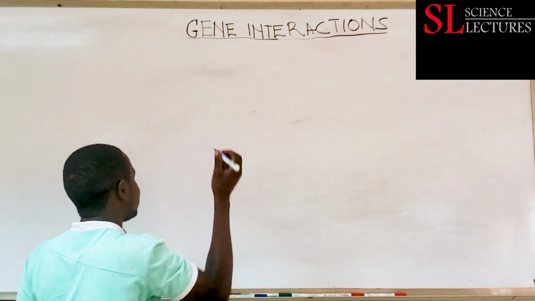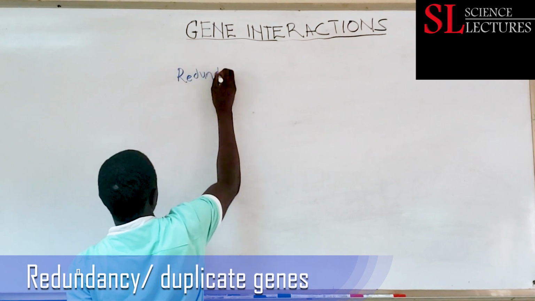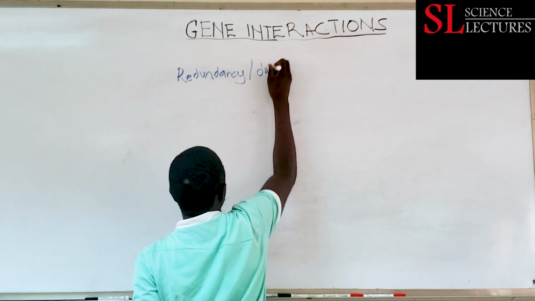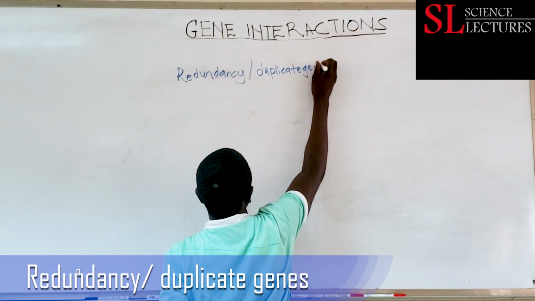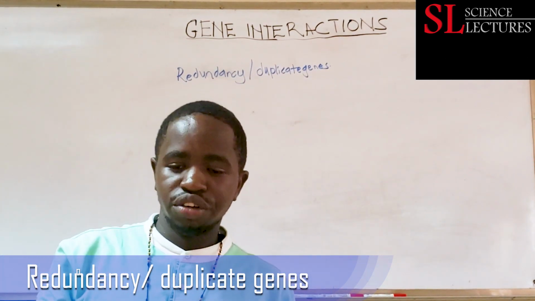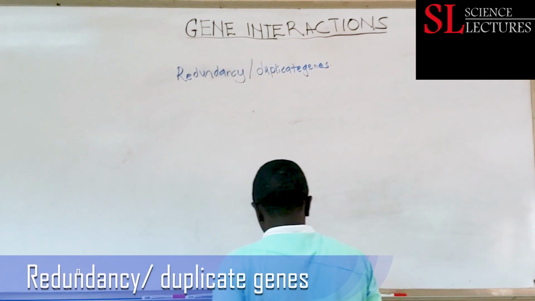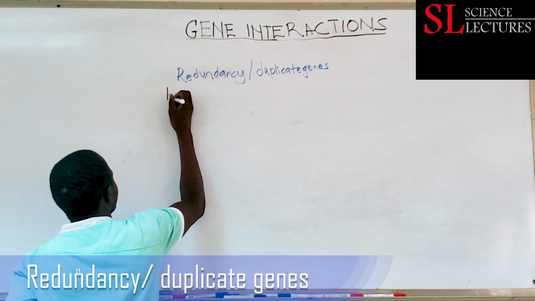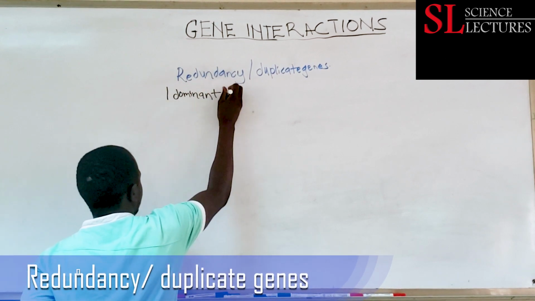And next we are going to look at redundancy, or when you read some texts, as I said earlier, they will be called duplicate genes. In redundancy, or what they call duplicate genes, we only need one dominant allele.